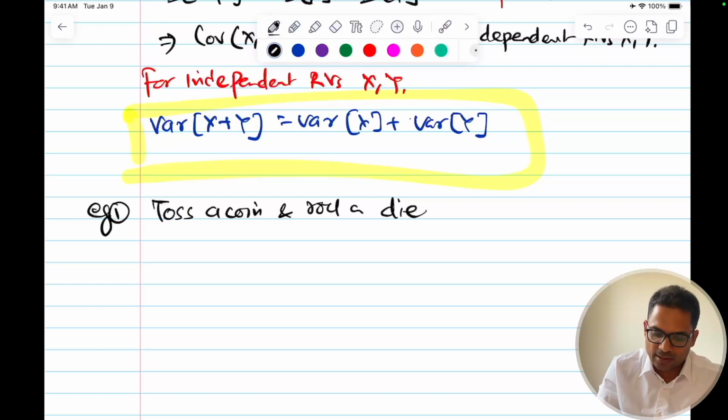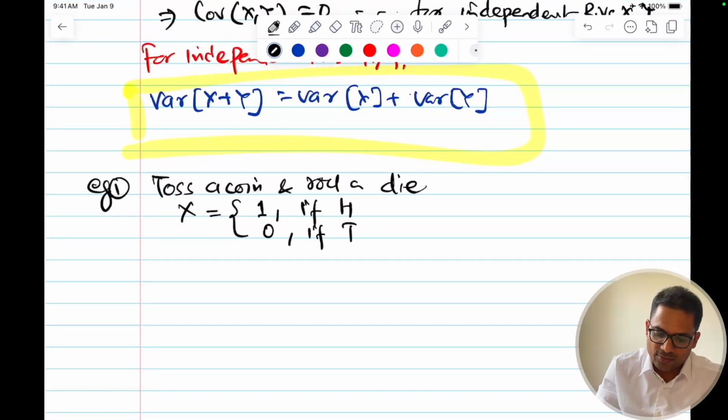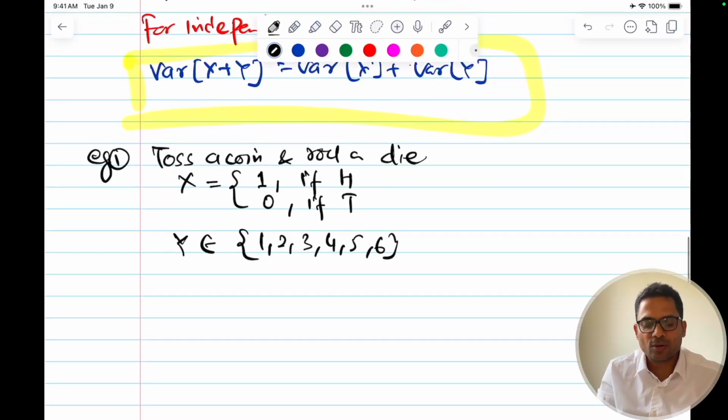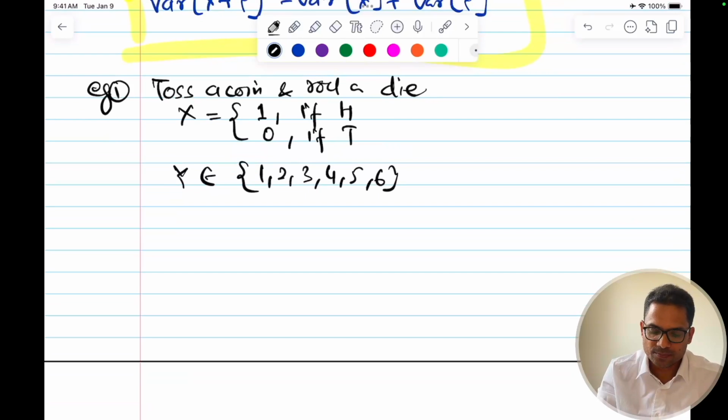Let me formulate: X is equal to 1 if head and 0 if tail. So this is for the toss, and Y will belong to all the outcomes of the die when we roll a die.